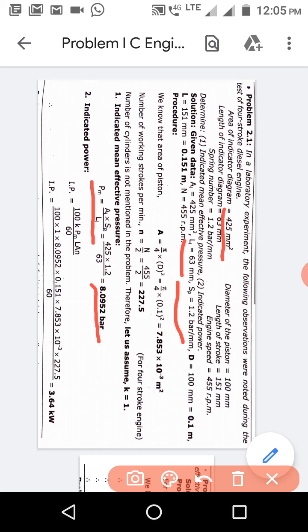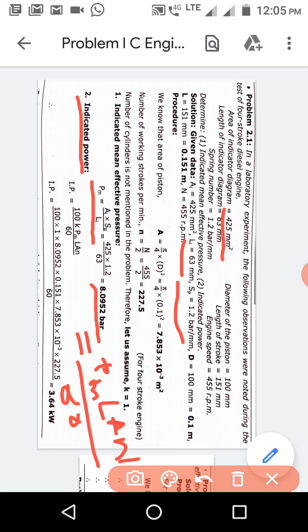This is the indicated mean effective pressure we have calculated using the given data. When we have to calculate the indicated power, the formula is Pm L A N K divided by 60,000, and it is in kilowatt. In this formula, whenever we take Pm in the SI system, the mean effective pressure will be in Newton per meter square.